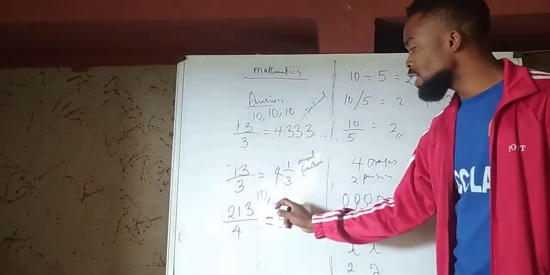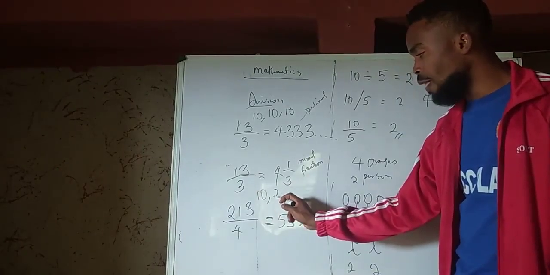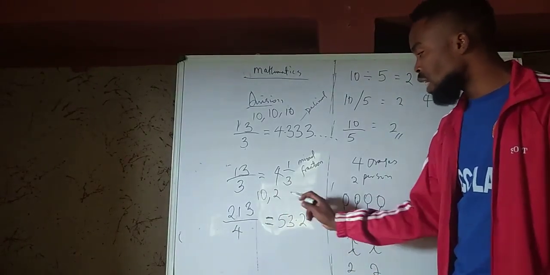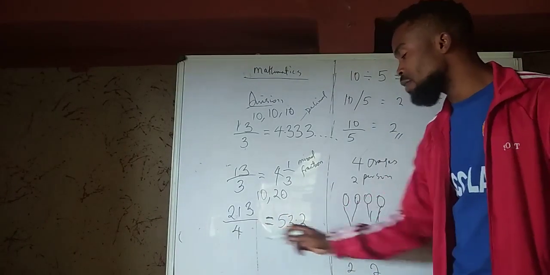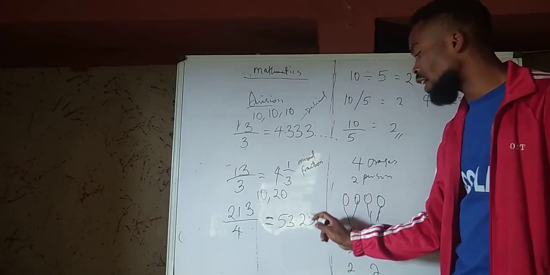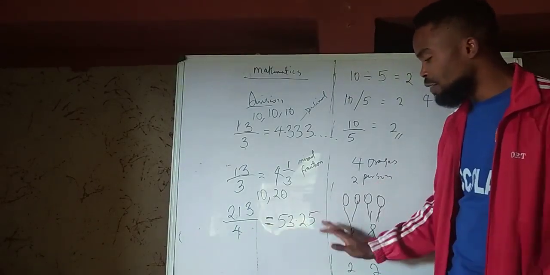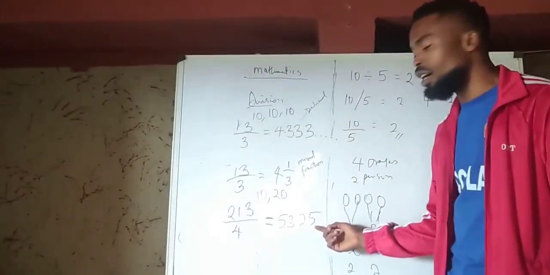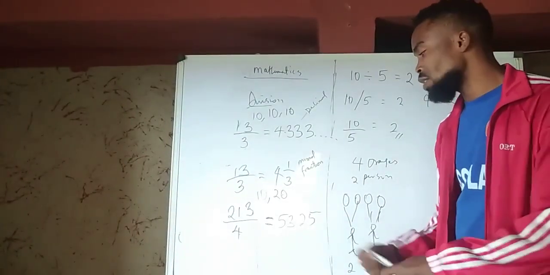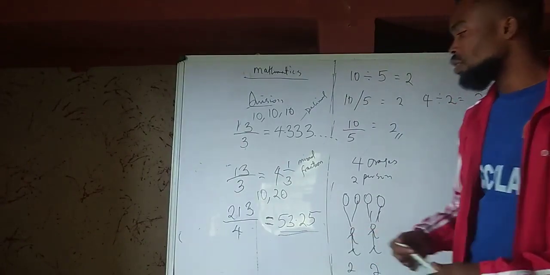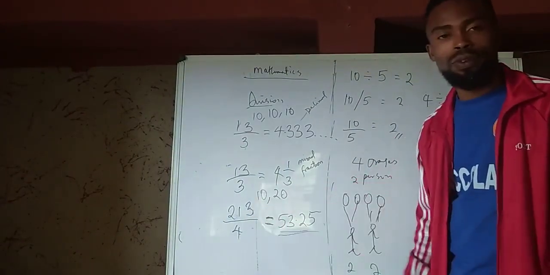Remaining 2. So we add 0 to the 2, making 20. 20 divided by 4 will become 5. Okay, so you see 20 divided by 4 is 5, and is there any remainder? No. 0 is the remainder. So this is the value for dividing 213 by 4.